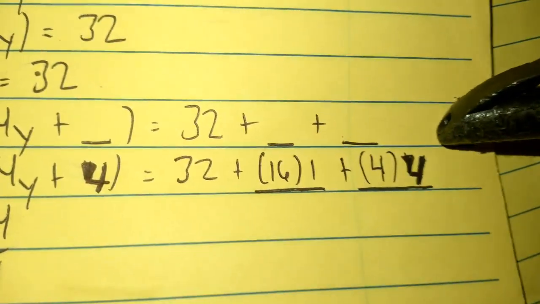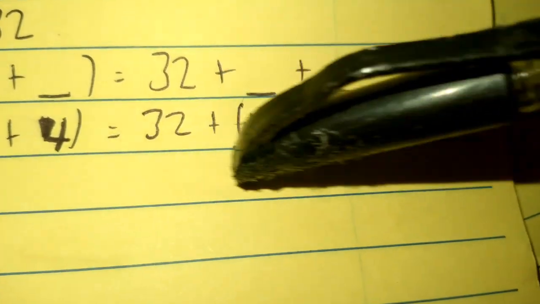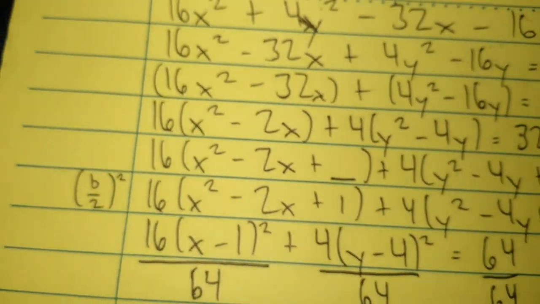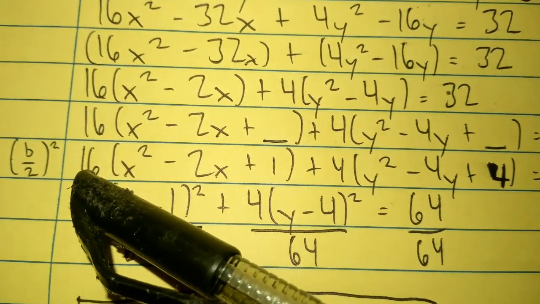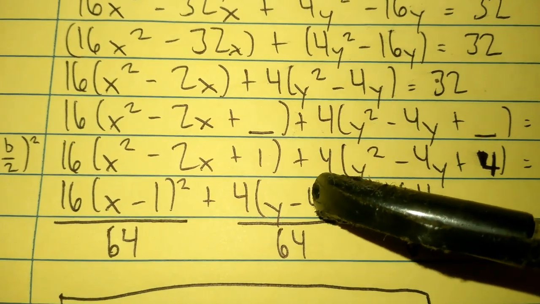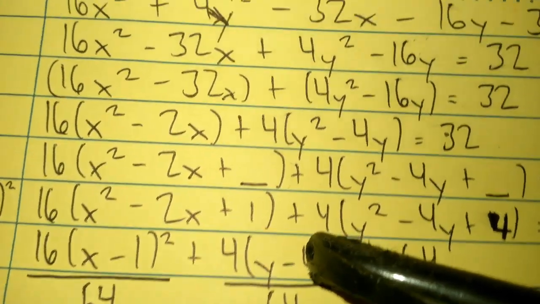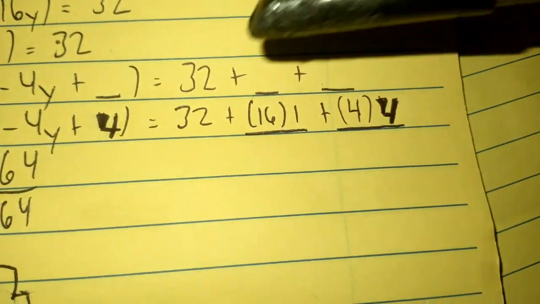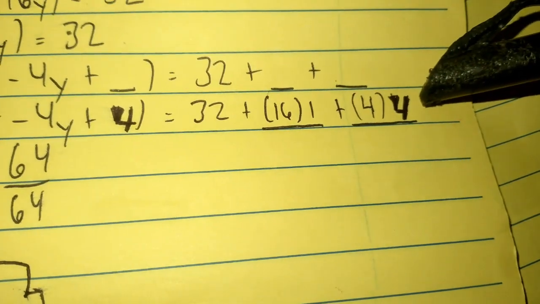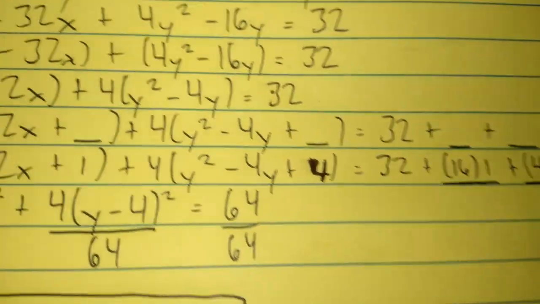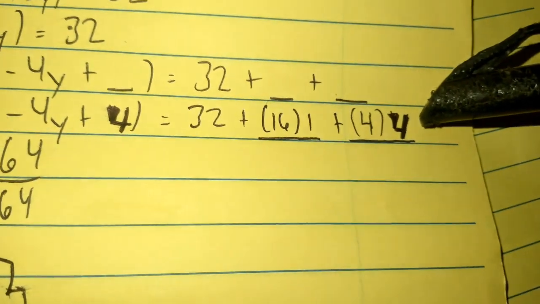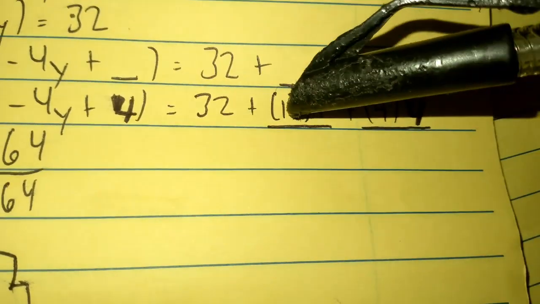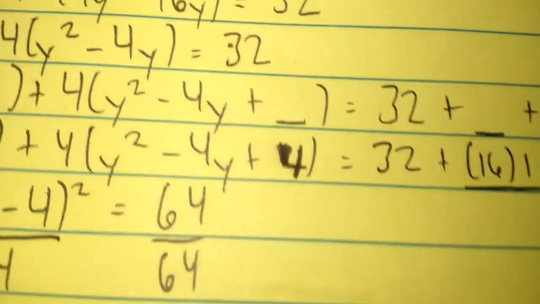And as you can see, there is 16 and 4 here. We need to multiply that because it's part of the solution. So 16 times 1 is 16, and 4 times 4 is 16. And 32 plus 16 plus 16 is equal to 64.